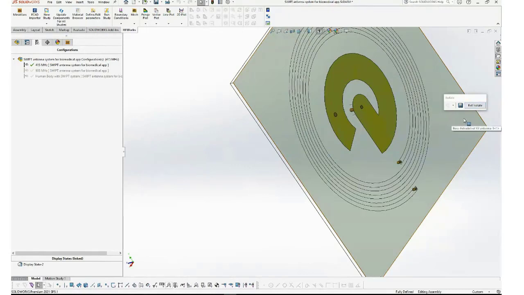The other thing I wanted to mention before I go forward. Yes, we're talking about this medical application, but what happens for SWIPT for larger things? You have to realize our software is based on the finite element. So if you have a network of sensors distributed over very large distances, you don't model and mesh the whole thing.